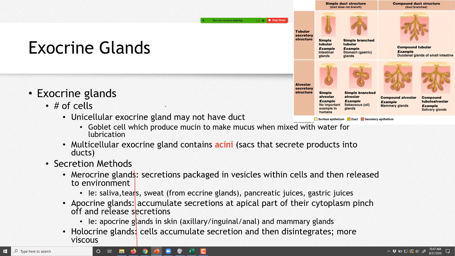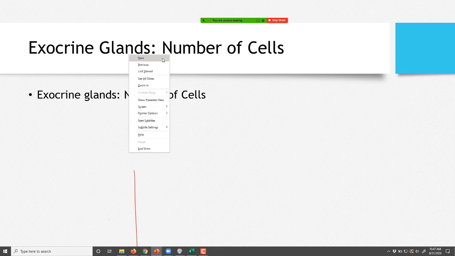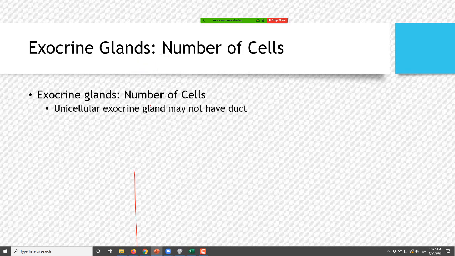Okay, so this is kind of like the overview. This is what you have over here, but I'm going to go into each one of these. So just hang on there, okay? Right. So first of all, we could categorize it by the number of cells. Depending on how many cells there are, if it's unicellular, uni over here means one. So if it's only one cell, it may or may not have a duct.